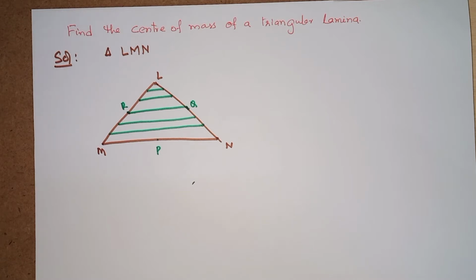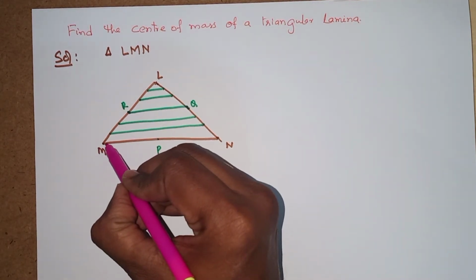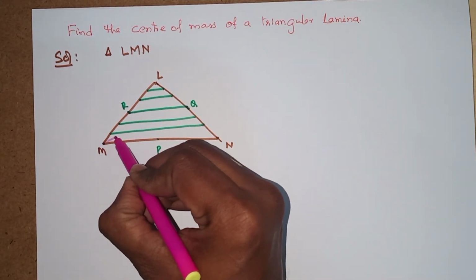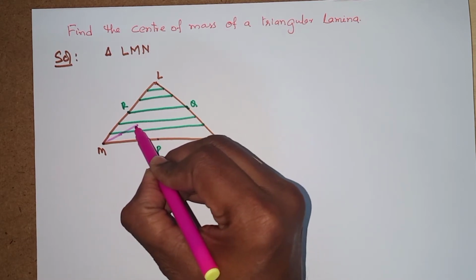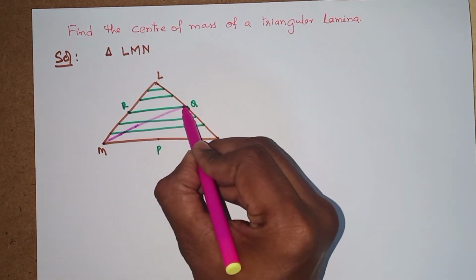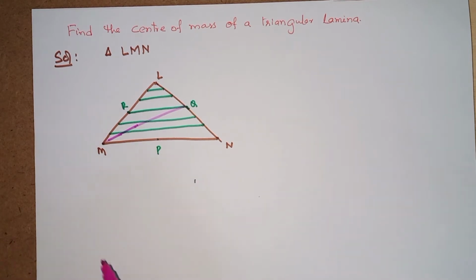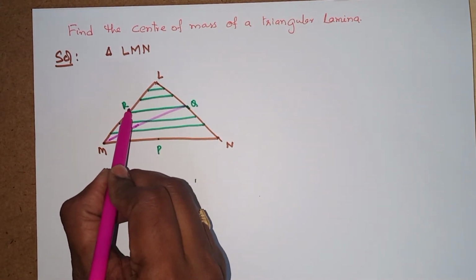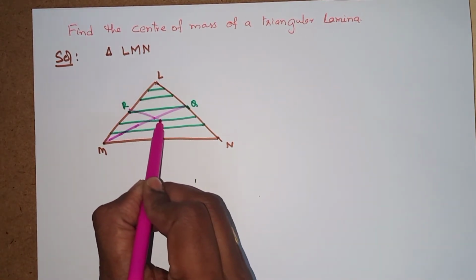Draw a line called MQ. You know that this is called a median, and RN is the other median.